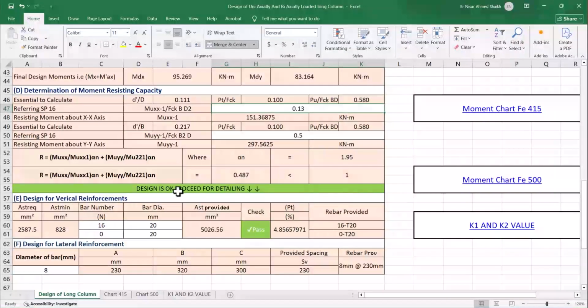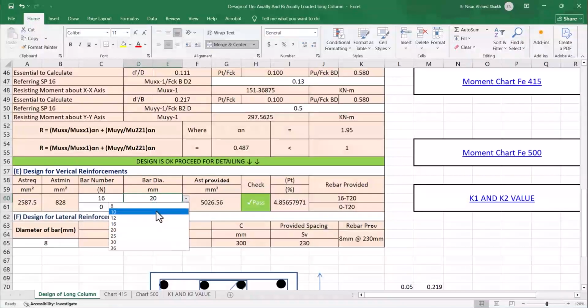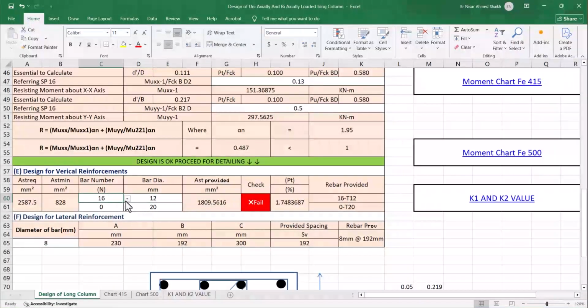Now we calculate the design procedure. We calculate the Ast required, Ast minimum, number of bars. So this check will be passed. How much area required? This one. So we change this to 12 bar. This is failing.